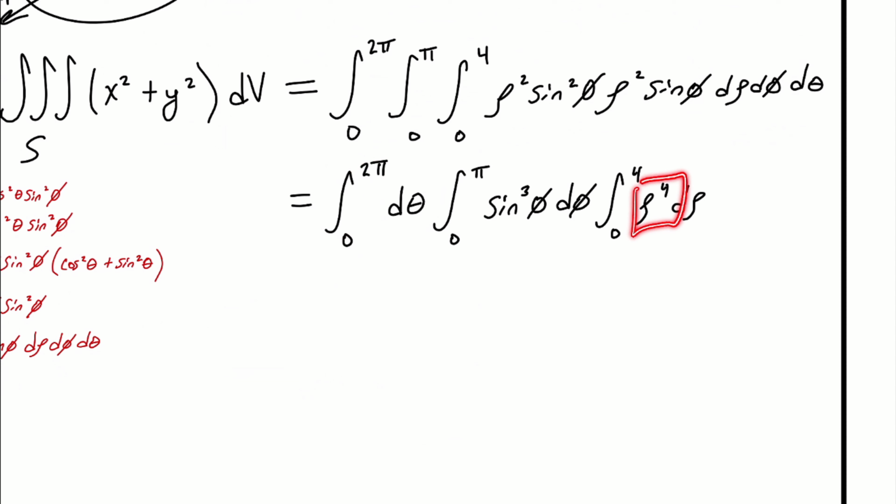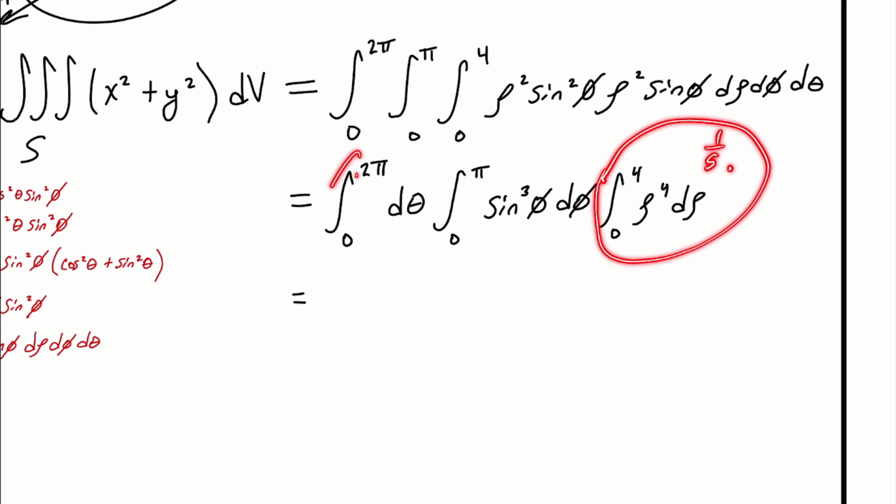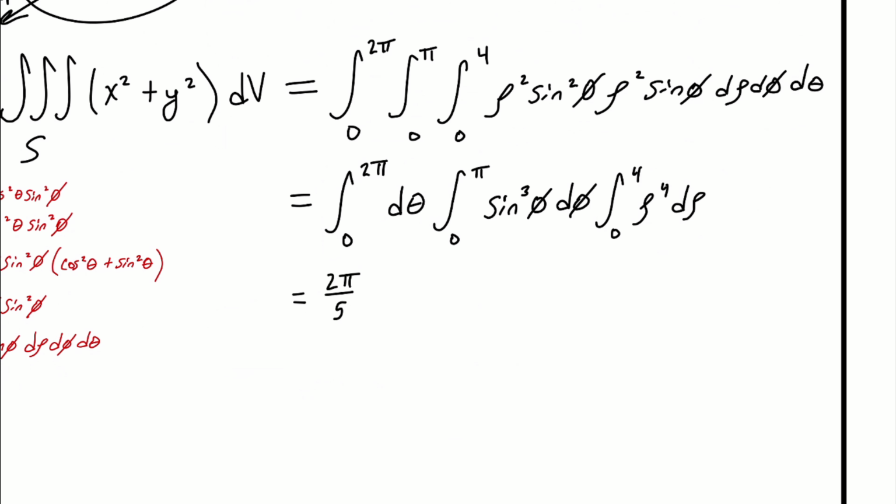This integral here integrates to 1/5 rho to the 5th. So between the two of them, we get a 1/5 constant from this integral, and we get a 2 pi from this integral. So we should have a 2 pi over 5 integral from 0 to pi.